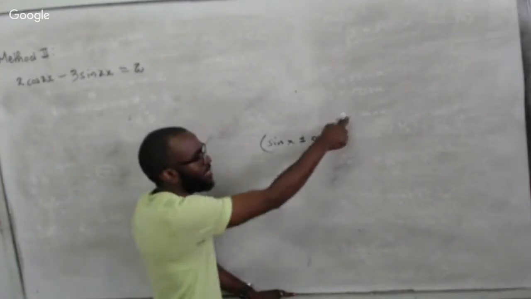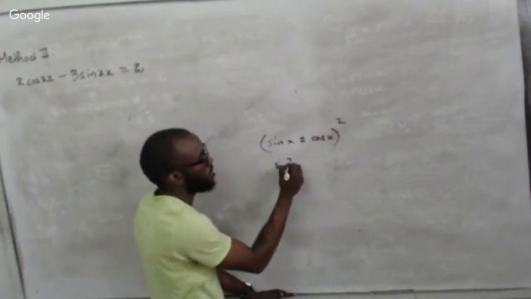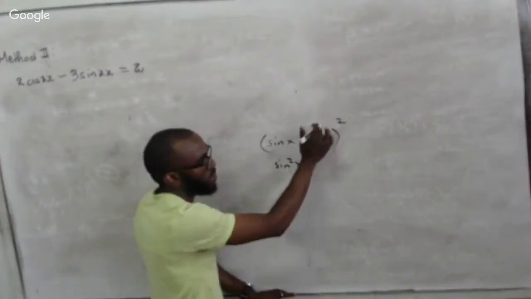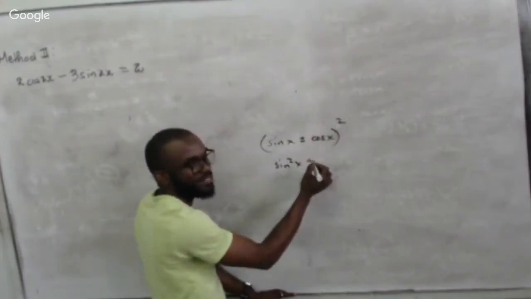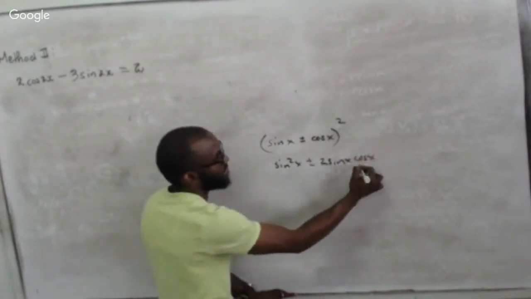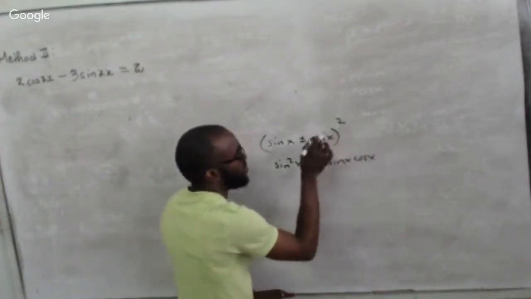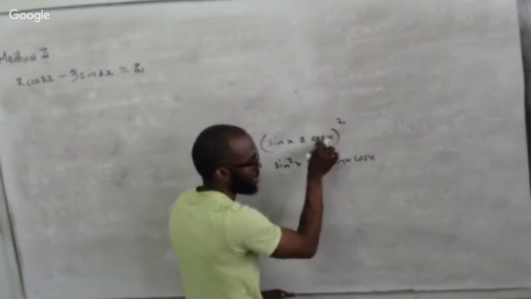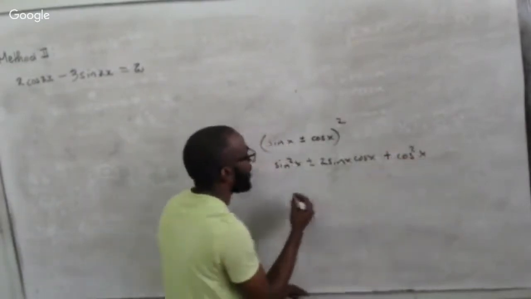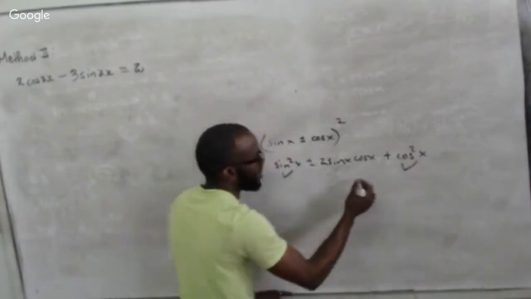Using this method, sine squared x, the middle term would be 2 times plus or minus, 2 sine x cosine x, and then the last term would be plus or minus squared. Anything that is squared is positive, right? Cosine squared x.